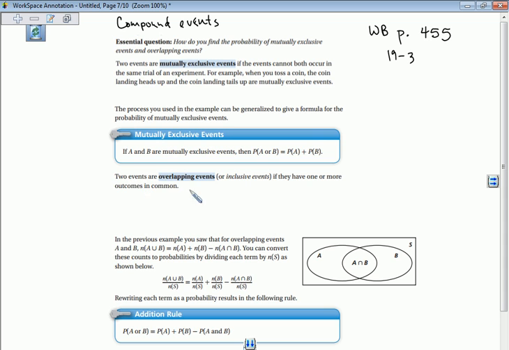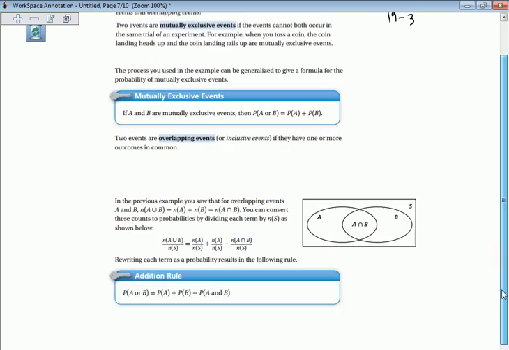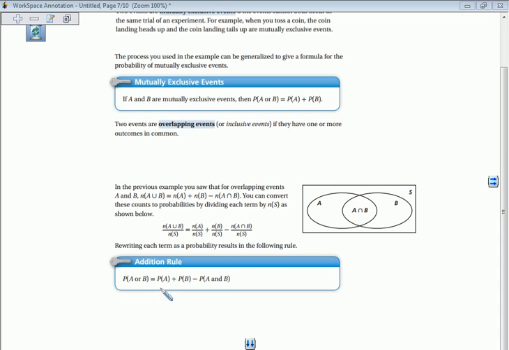But when we do have overlapping events, where they have one or more events in common, we're going to have something in this overlap. And when we have something in this overlap, are they mutually exclusive? No. And it changes how we calculate the probability.